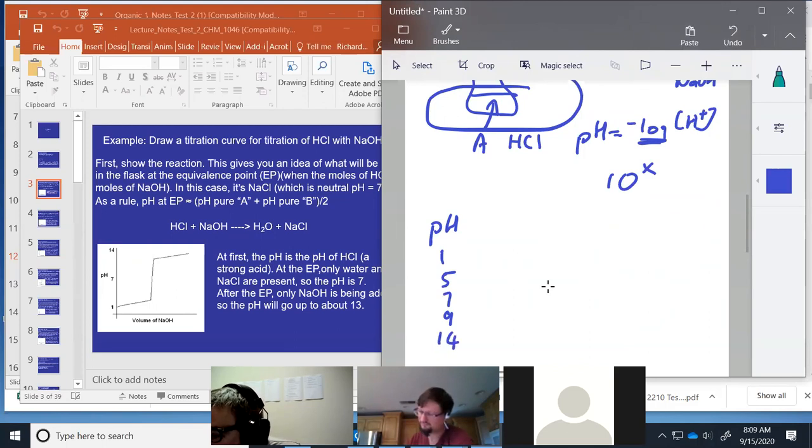And 1 is strong acid. 5 is weak acid. 7 is neutral. 9 is weak base.